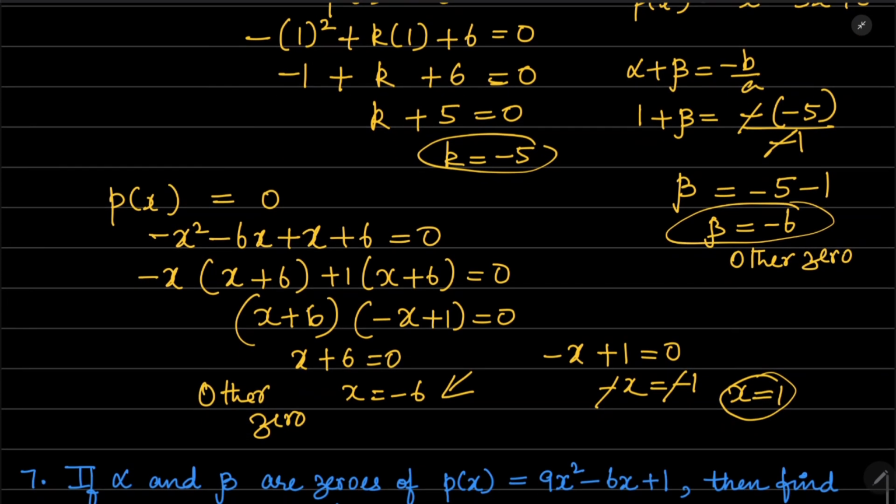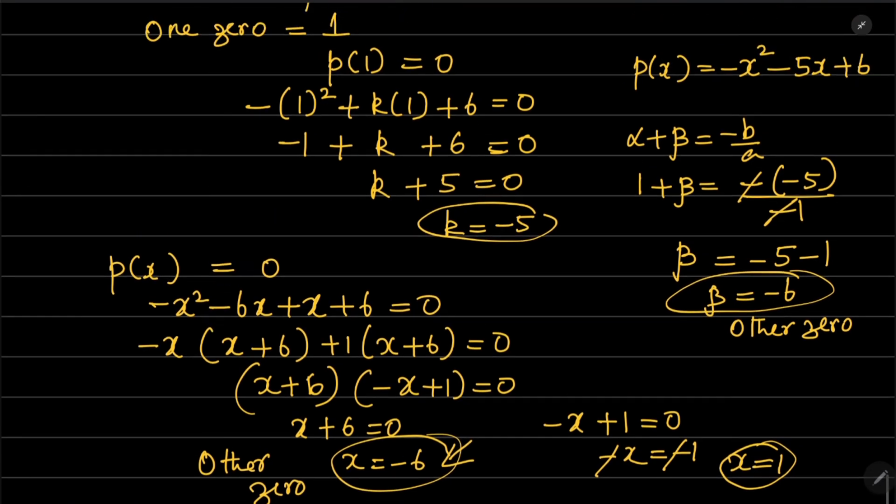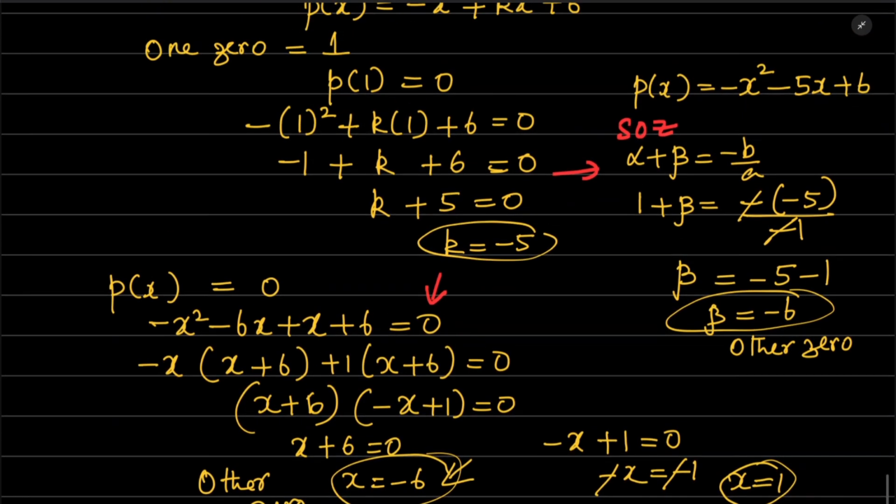Ideally in both the cases, one of the zeros should be 1, the other zero would be minus 6. So either you can use this method of finding the zeros using middle term splitting, or you can use this method using the sum of the zeros. Any one method, the other zero you will be getting as minus 6. You can choose any method which is easier for you.